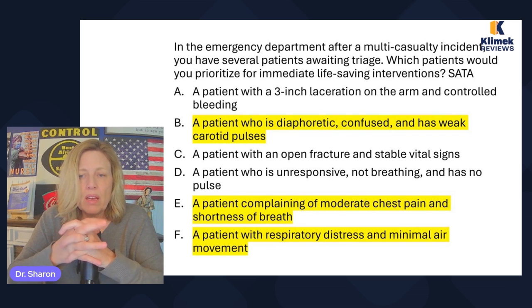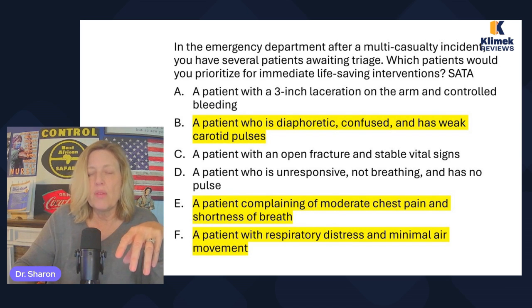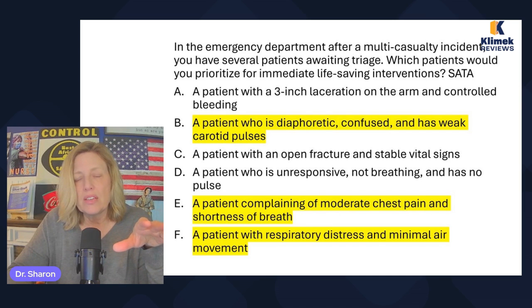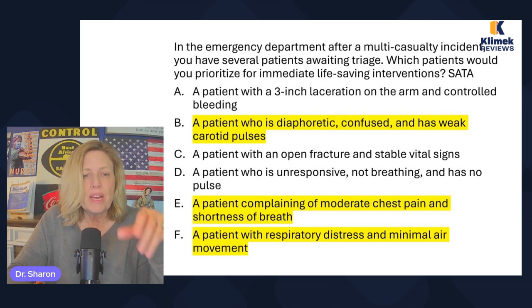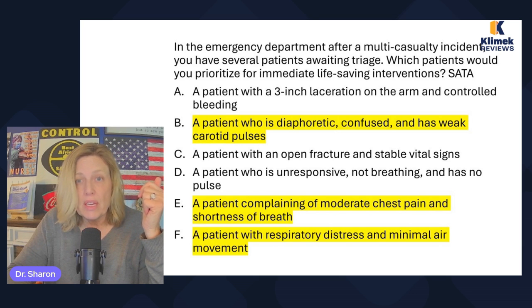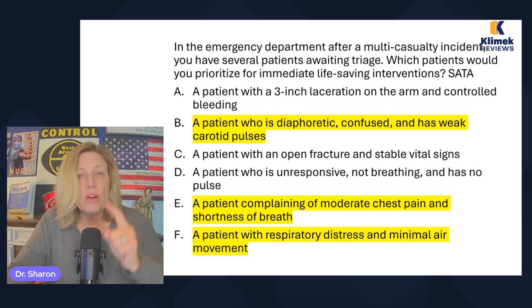Okay. All right. And what I'm doing is I'm teaching you how to answer test questions. So you might go, but the person with the open fracture, I mean, they could be hemorrhaging out. Actually, they couldn't be, because if they were hemorrhaging out, they would not have stable vital signs. So you only know what they tell you. So you cannot say they could be doing this.